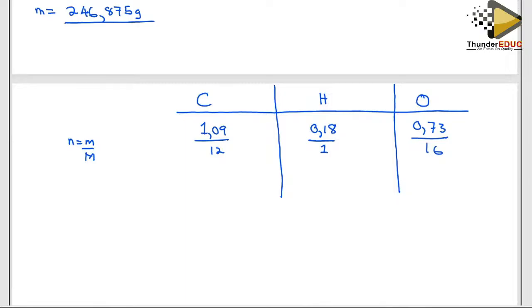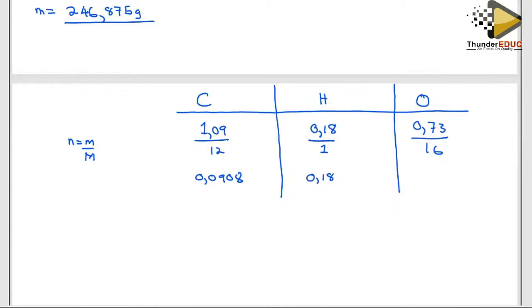If we do our math, 1.09 divided by 12, I'm getting a value of 0.0908. Then for hydrogen, any number you divide by 1 retains its value, so that is 0.18. Next is 0.73 divided by 16, because oxygen is 16.